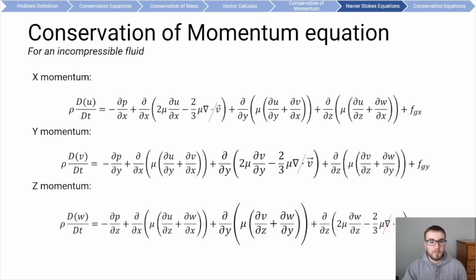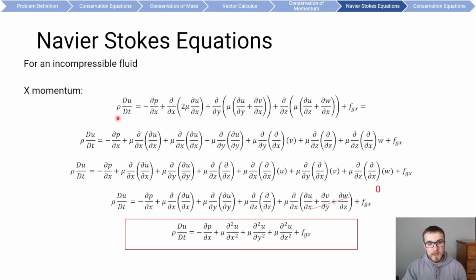For an incompressible fluid, however, we can make some simplifications, and since we know that del dot v is equal to 0 from continuity, which I showed in the conservation of mass, we can cancel that term out. Taking the x momentum equation and going through the mathematics, we can make some more factorizations and simplifications for an incompressible fluid and determine the x momentum equation in the x direction.